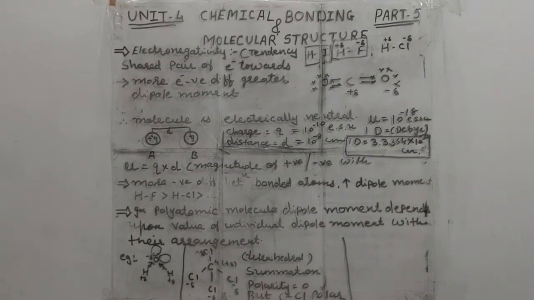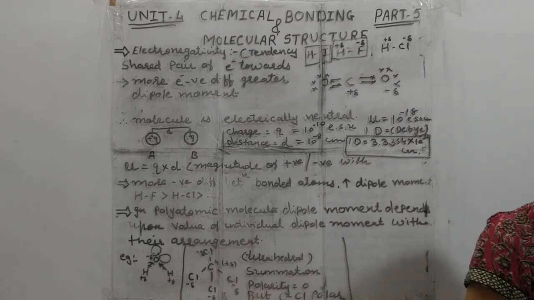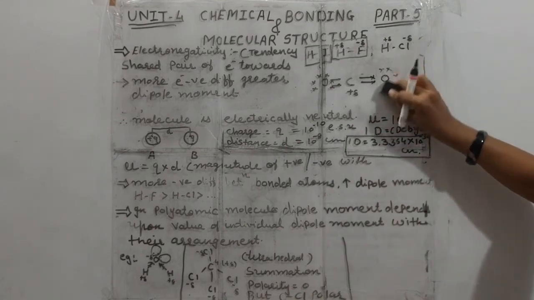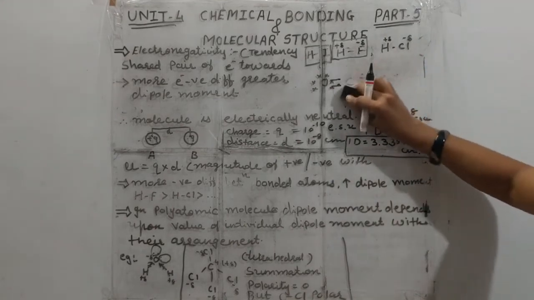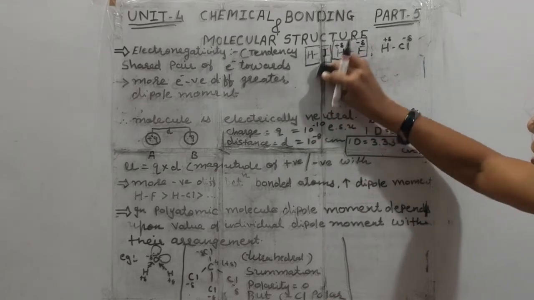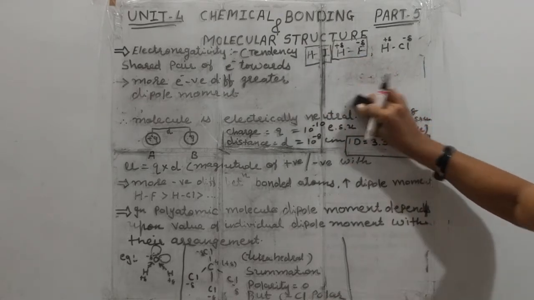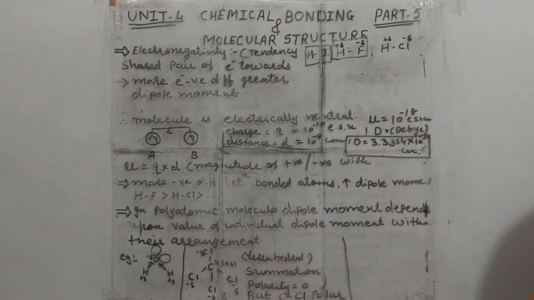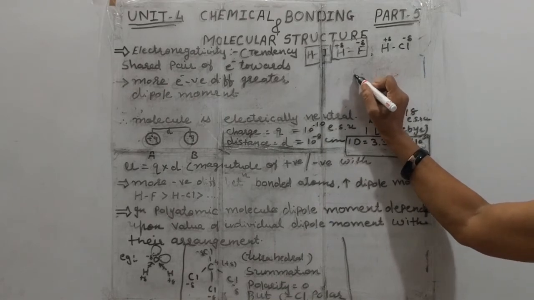So now here what happens, student? This carbon is due to the more electronegative oxygen. If we think of the structure of CO2, it is not in such a manner, but oxygen is not the central atom.